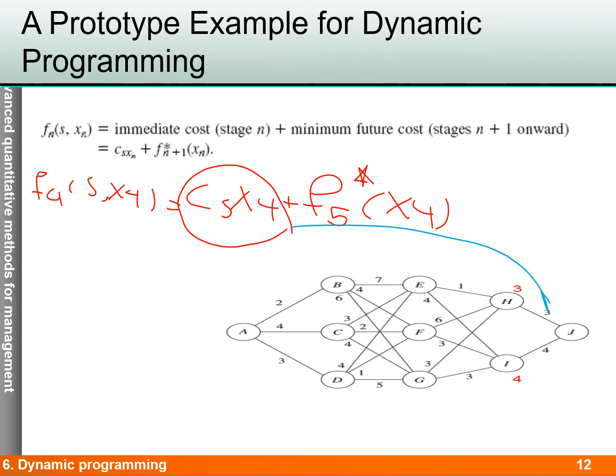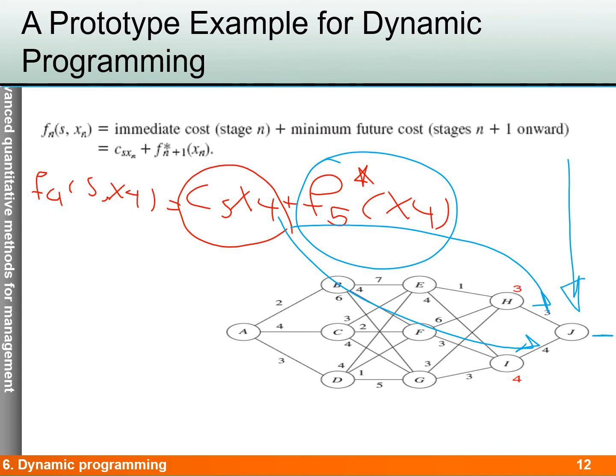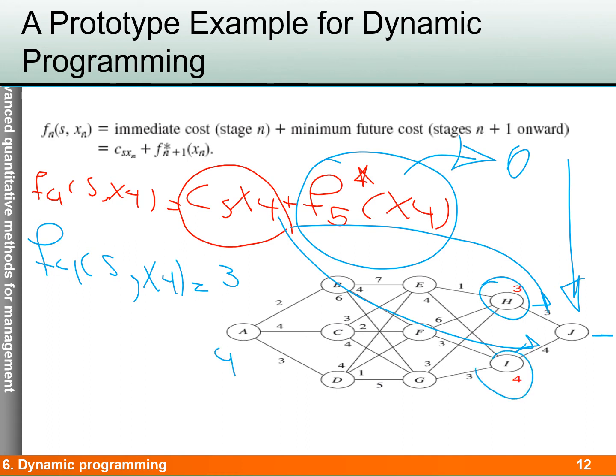And F5* is at stage 4, so F5 will be something here, but it doesn't exist. So this one is 0 in both cases. So this F4(S, X4) is either 3 from here or 4 from here.